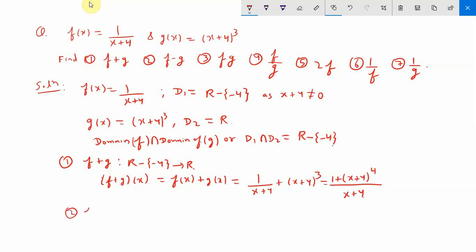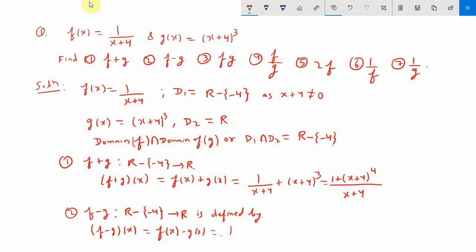Second one, we have to find f minus g. f minus g from R minus {4} to R, domain will be R minus {4}, is defined as (f minus g)(x) equal to f(x) minus g(x).